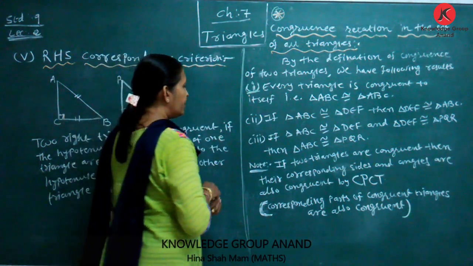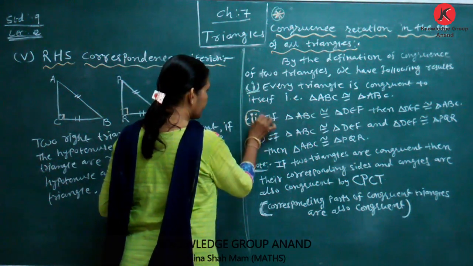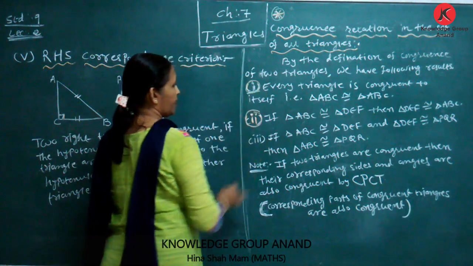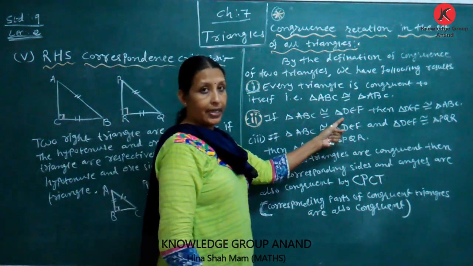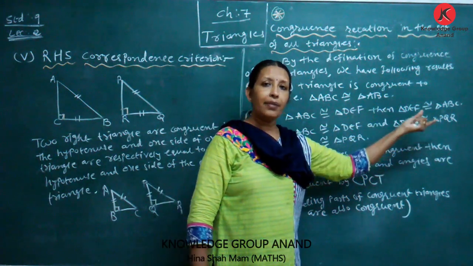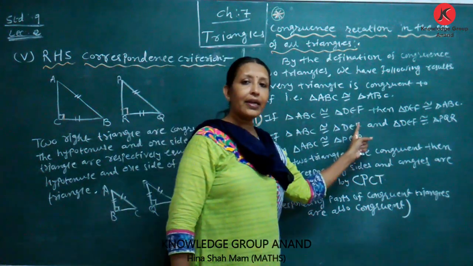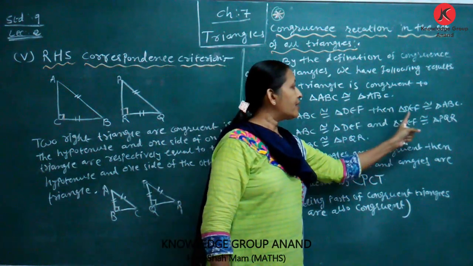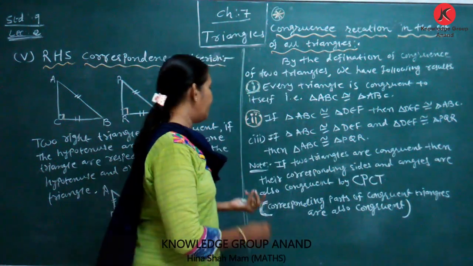Number 2: if triangle ABC is congruent to triangle DEF, then triangle DEF is congruent to triangle ABC.